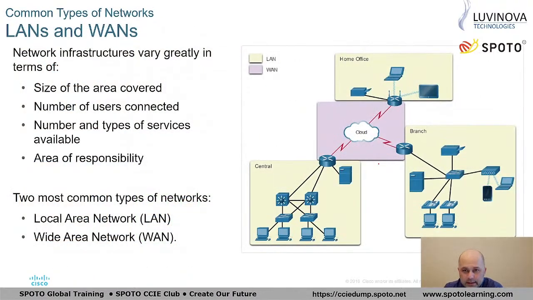LANs and WANs. Now, how is the path of connecting an end device to the network, and how is the data going from one device to another device, from source to destination? It's always two parties, source and destination, right?